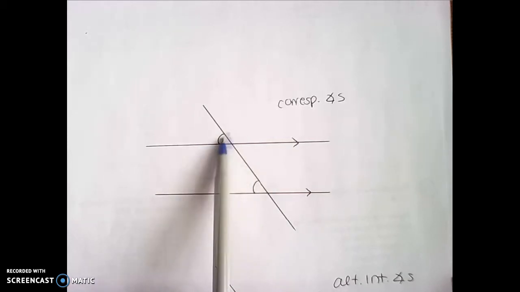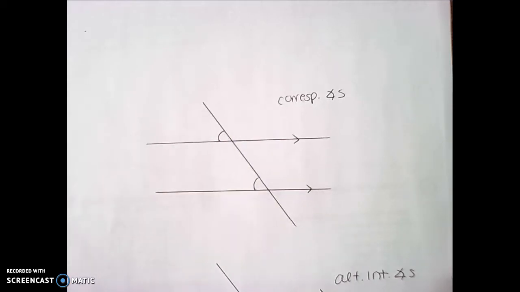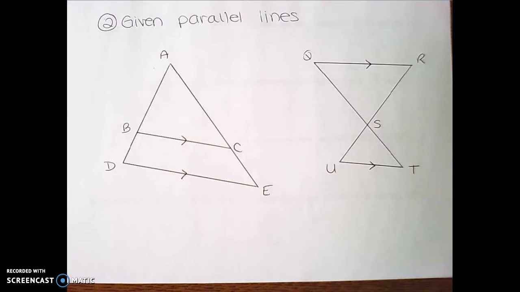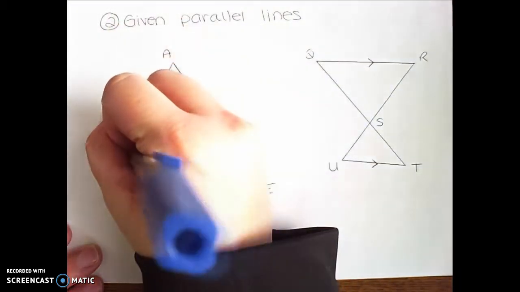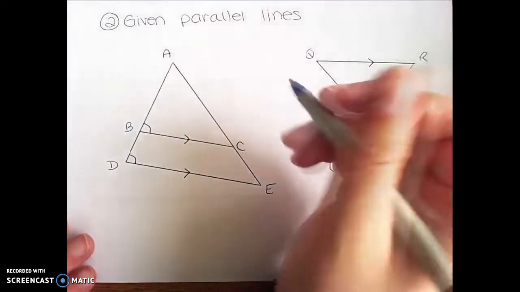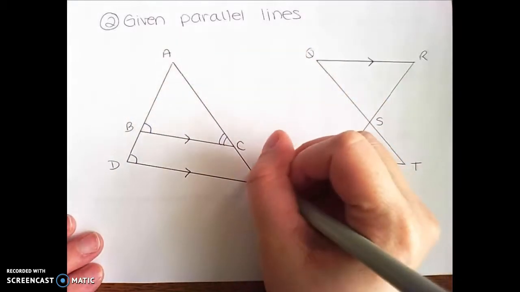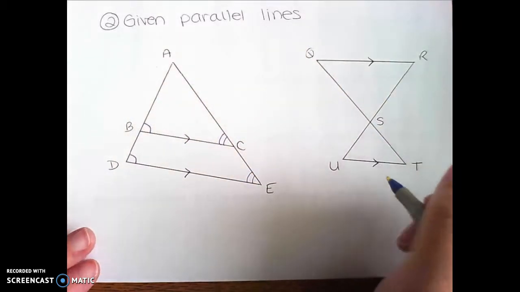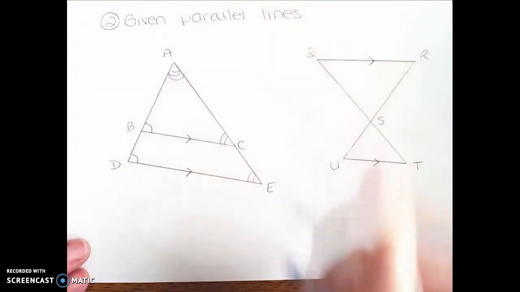So if I slide these four angles down on top of these four angles, this angle lands on this angle. So I have corresponding angles in this diagram. Angle ABC is corresponding to angle ADE, so those angles are congruent. I also have corresponding angles ACB and AED. I also know that angle A is congruent to itself by the reflexive property.